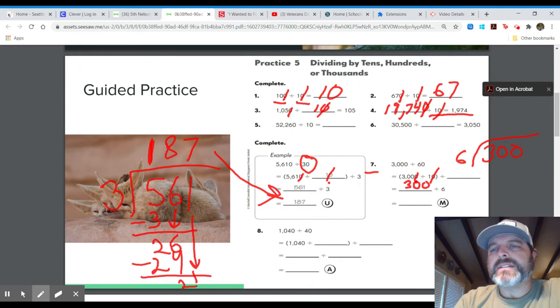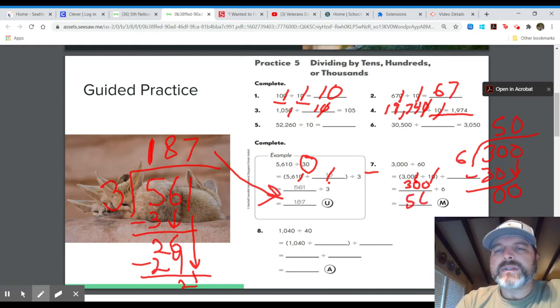Or how many 6s can I take from 3? And the answer is 0. Then how many 6s can come out of 30? 6 times 5. And then that's 0. And then you bring down a 0. You have to try to divide. If you can't, you put a 0. 6 cannot go into 0, so you put a 0. And we got 50, okay?